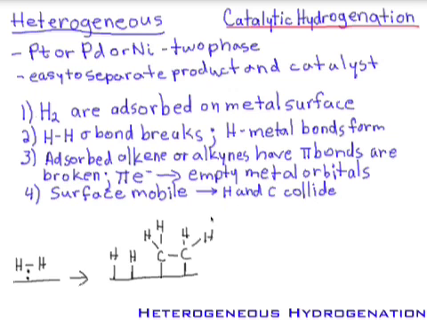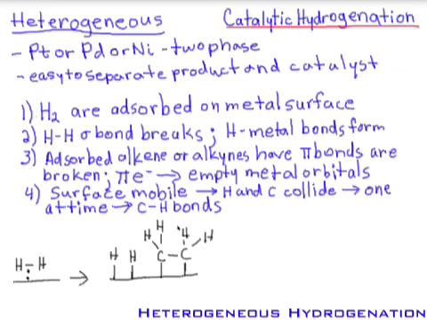So H and C collide. The H atom is transferred one at a time to an alkene, making C-H bonds. So one at a time, they collide, you make C-H bonds.